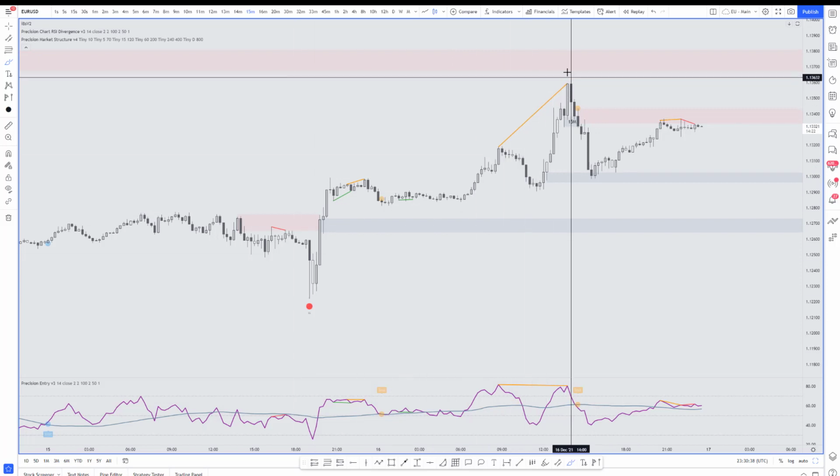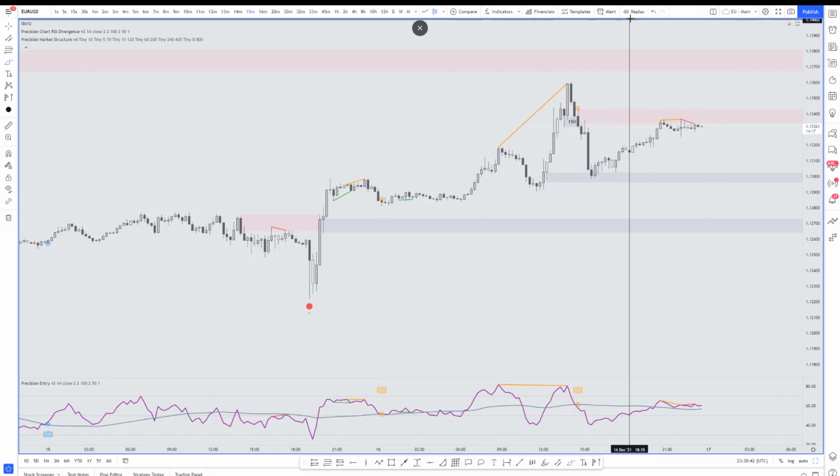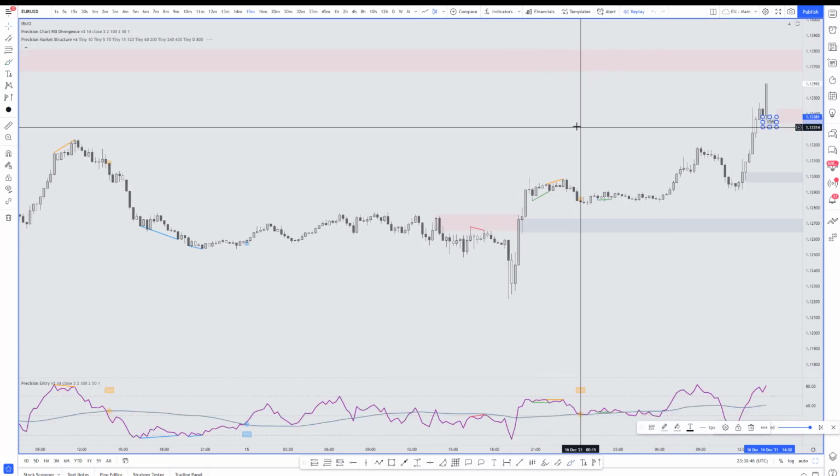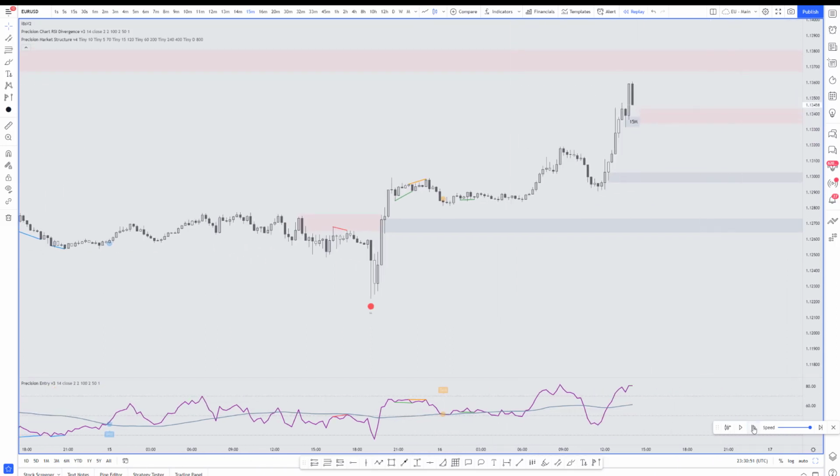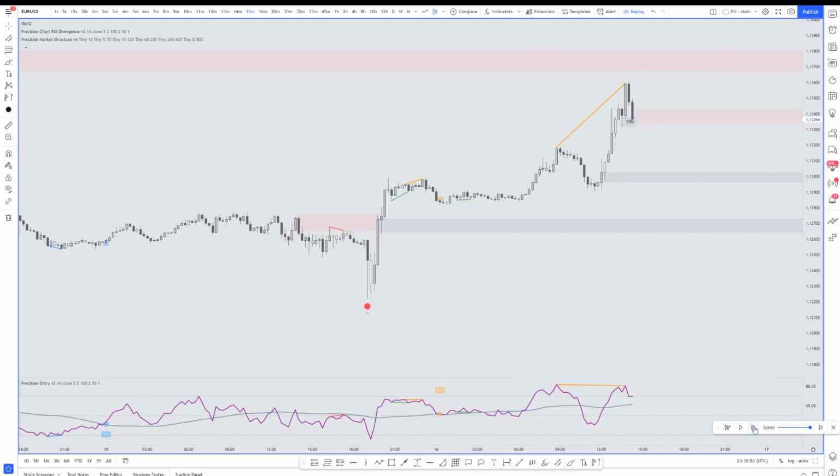Now, if you waited for the 15-minute to show you this, you likely would have missed this confluence. Let's see when it showed up. So you didn't have it here. You didn't have it here. When does it show up? So it's already 2 candles past. You probably missed it. But let's check this out.